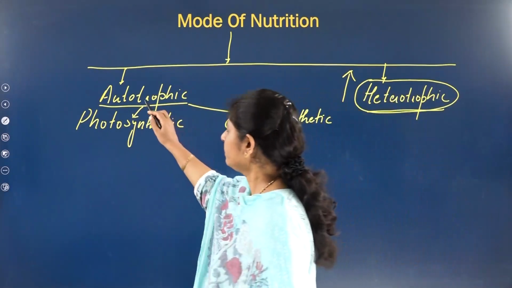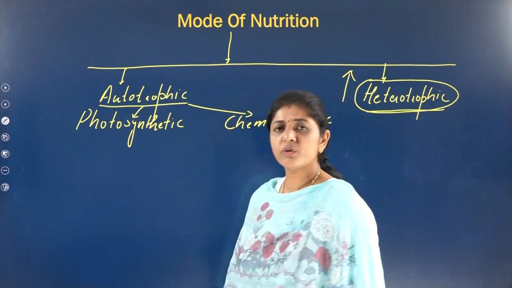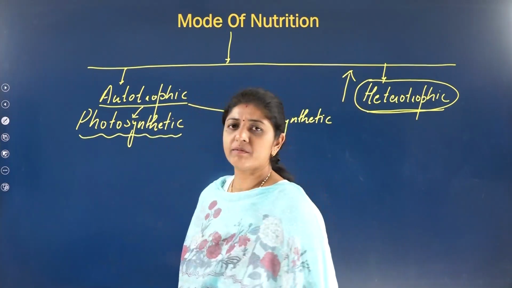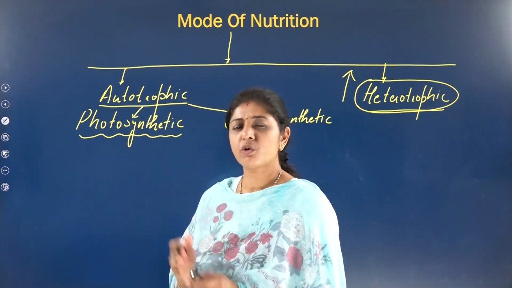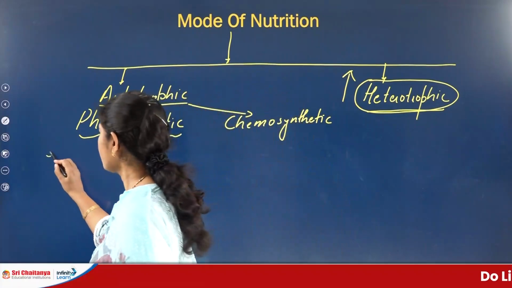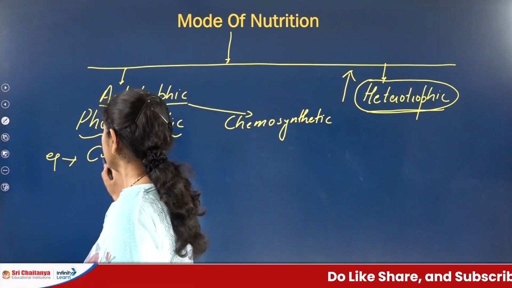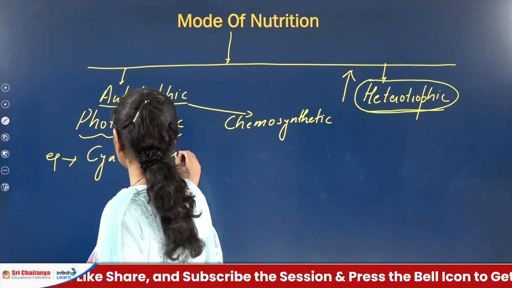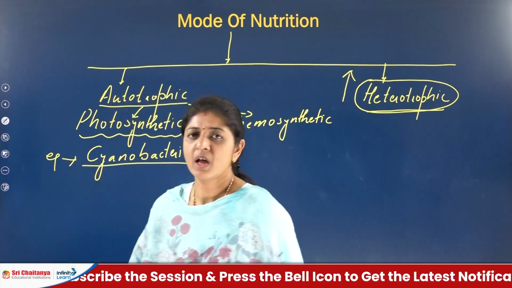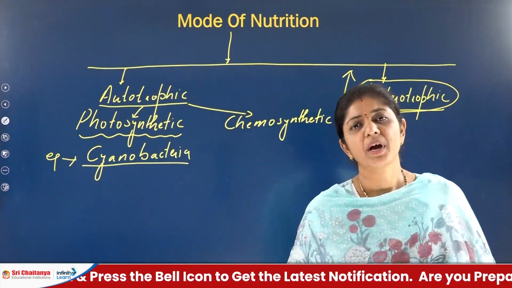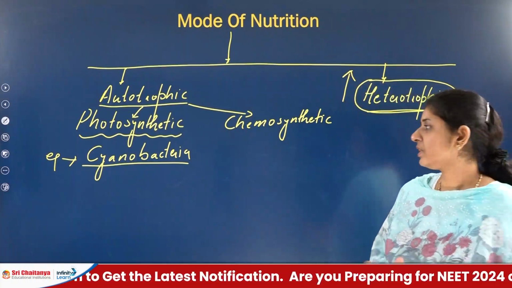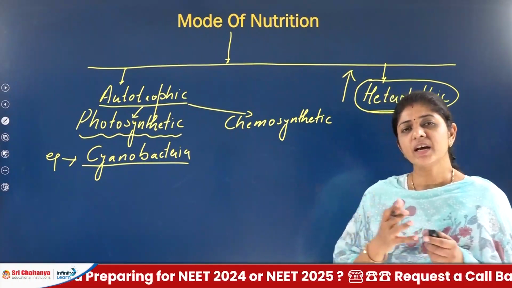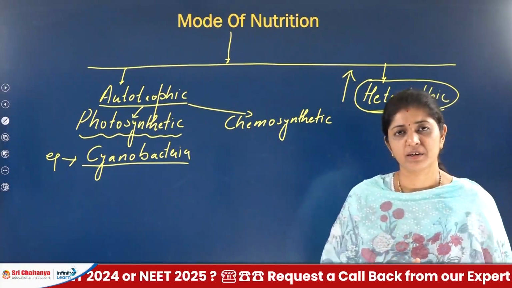And here right now, in the case of the autotrophic mode of nutrition, if I discuss photosynthetic autotrophs, the example from Cyanobacteria will come here, which is showing the autotrophic mode of nutrition. I must tell you, the cyanobacteria in itself is showing such a type of mode of nutrition, which is a type of the eubacteria, right?